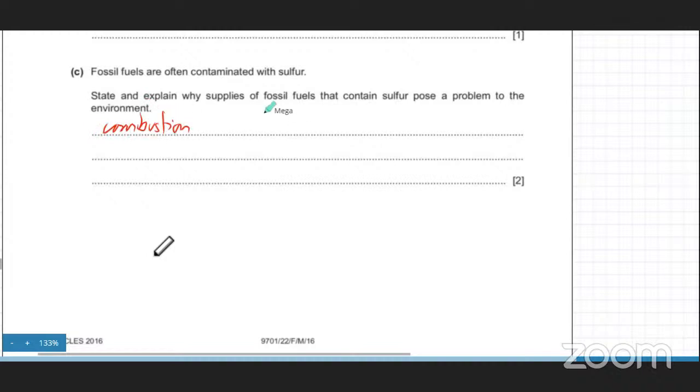Okay, so the first thing is you're going to write about the combustion, that the sulfur would burn up, because if you use it as a fuel, SO2 would be produced. What happens next?